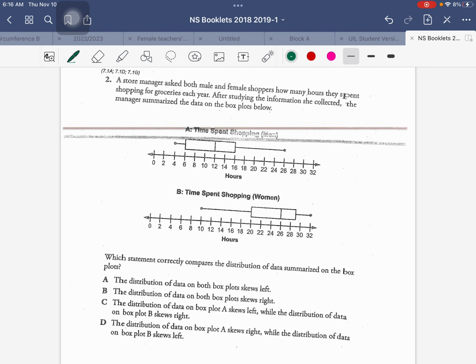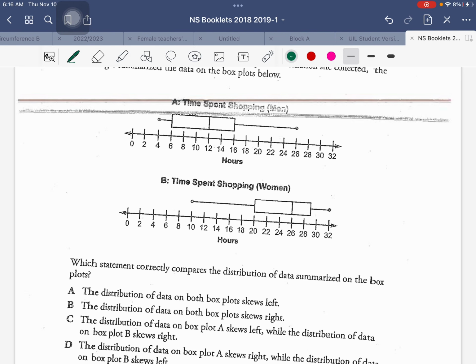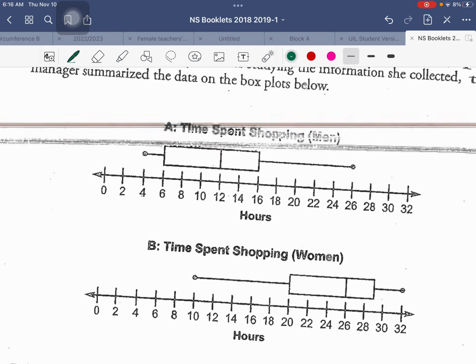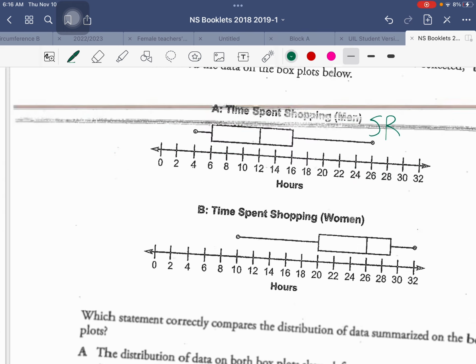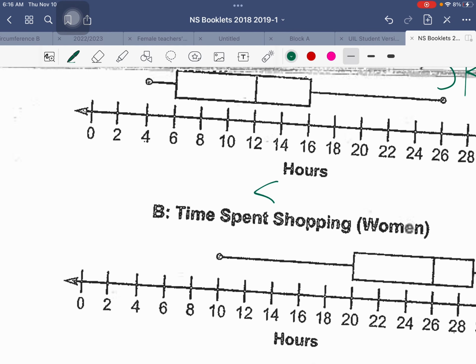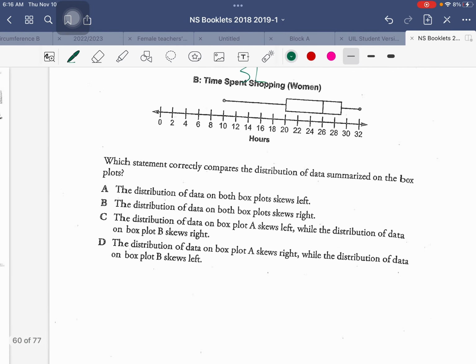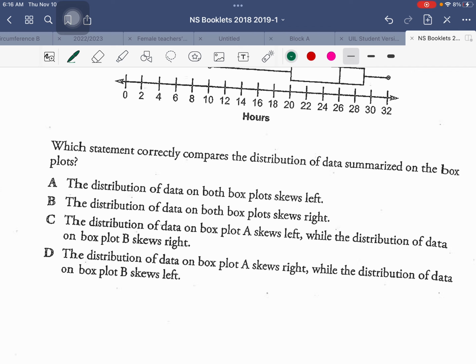Next one. Which statement correctly compares the distribution summarized on the box plots? Well, if you take a look at the tail, this tail's longer, so this is skewed right. This tail, skewed left. So, vámonos. The distribution of data, both box plots are skewed left. No es cierto, and skewed right, no es cierto.